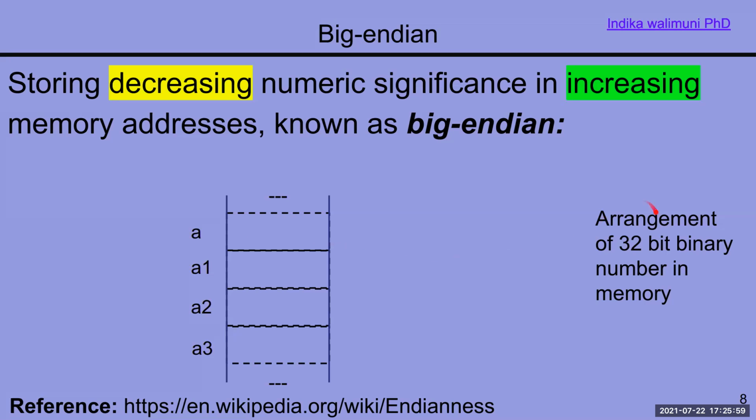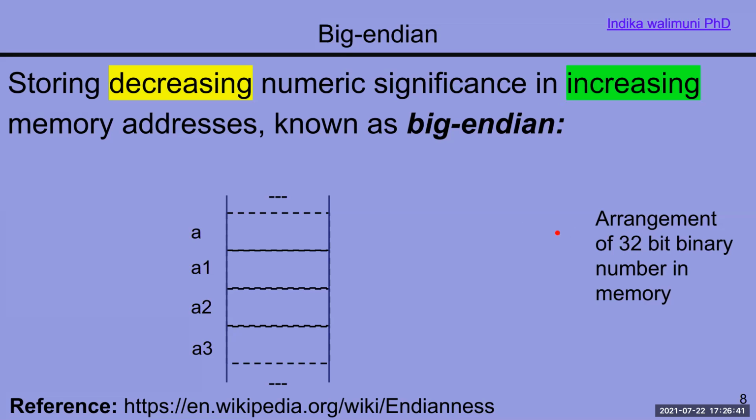And we're going to store 32 bits, so we actually need 4 bytes of data. This width is 1 byte or 8 bits. So to store 32-bit data, we need 4 bytes.